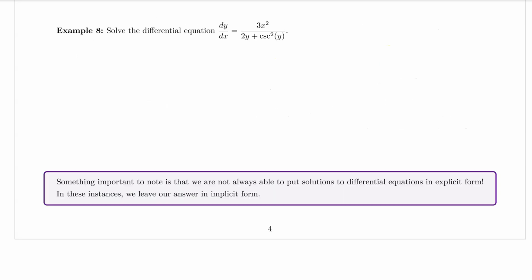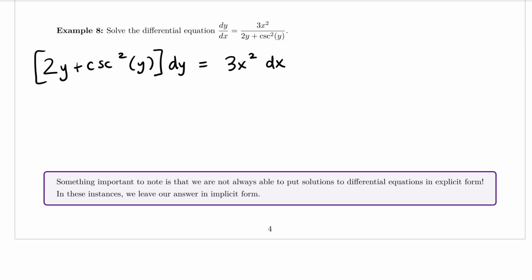Example 8 says solve the differential equation dy/dx is equal to 3x squared over (2y plus cosecant squared y). This is a separable differential equation, so I'm going to rewrite this as (2y plus cosecant squared y) dy is equal to 3x squared dx.